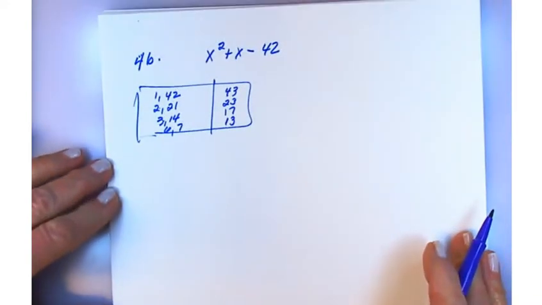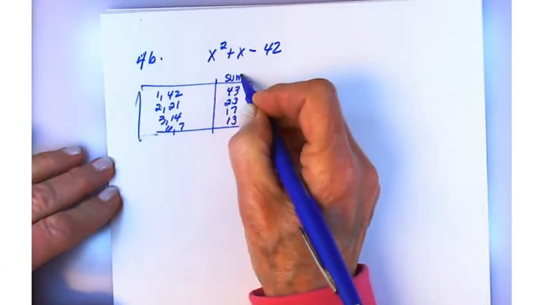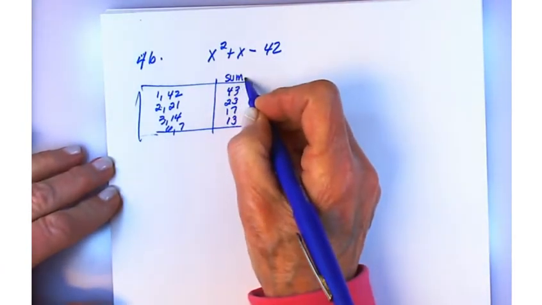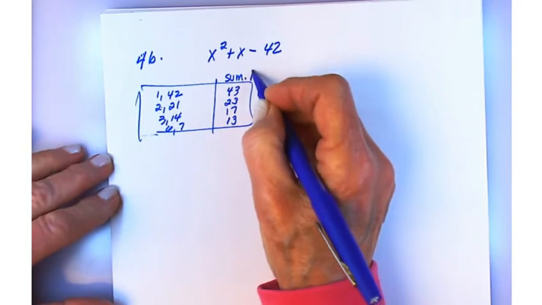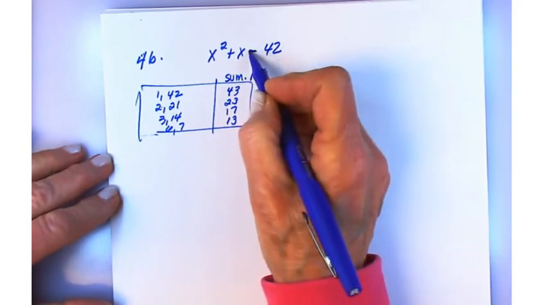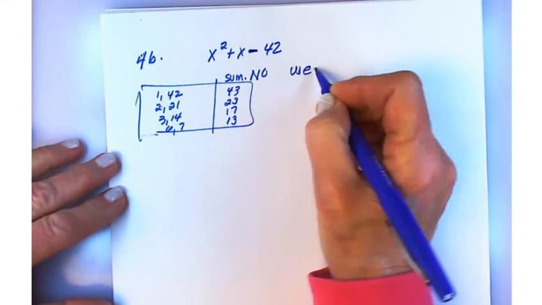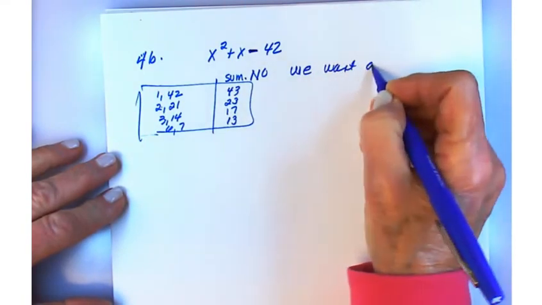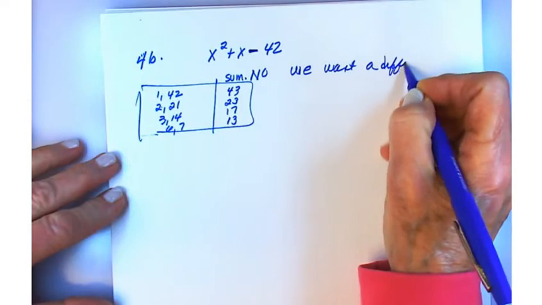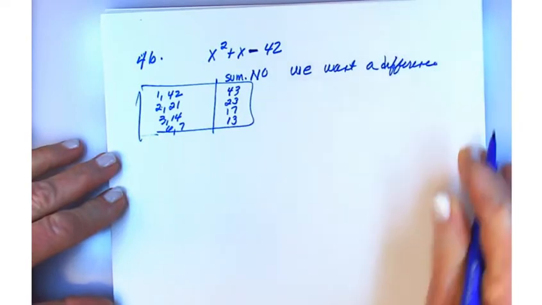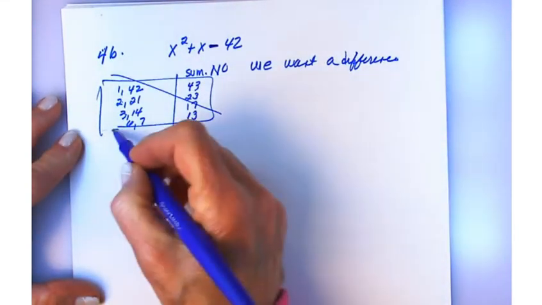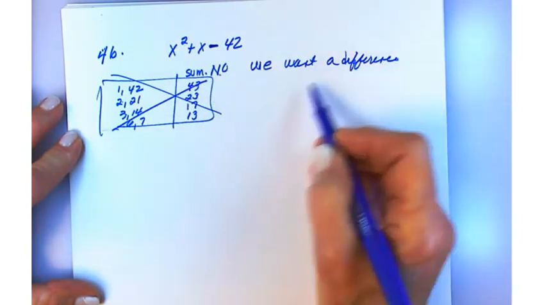Oh, this is a sum. Do I want a sum? No. Why? Because this is negative. We want a difference. So who cares? We don't need the sum. We need the difference.